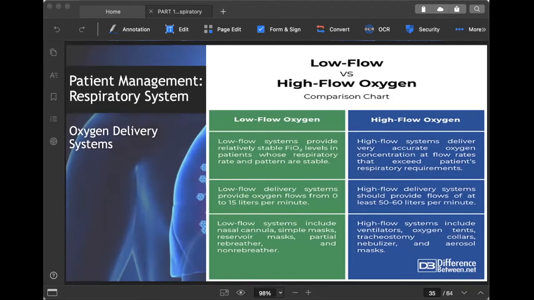This is suitable for patients with normal respiratory patterns, rate, and ventilation volume. On the other hand, high flow oxygen is usually 1 to 40 liters per minute, suitable for patients with high oxygen requirements because high flow devices deliver 100% oxygen and maintain 100% humidification.